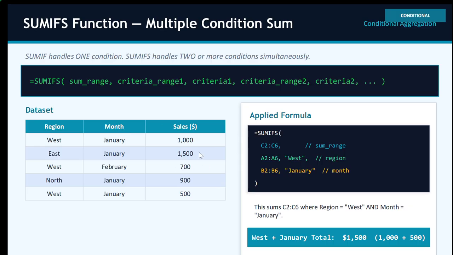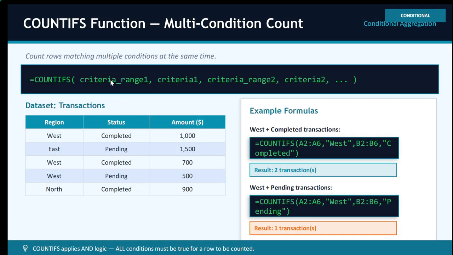So it's different from SUMIFS. With SUMIFS we are dealing with sales. We want to know the total sales for these conditions. That's why we add the sum range. But for COUNTIFS, it's still for multiple conditions, but we don't need to know the amount. We're not dealing with the amount.